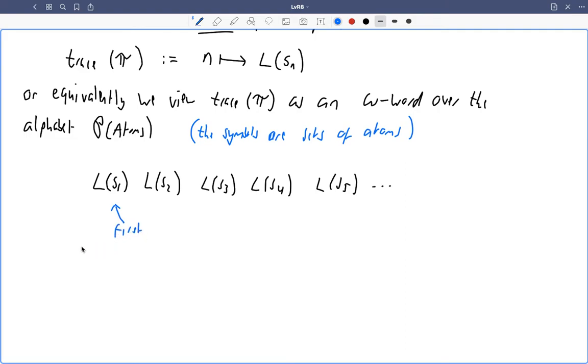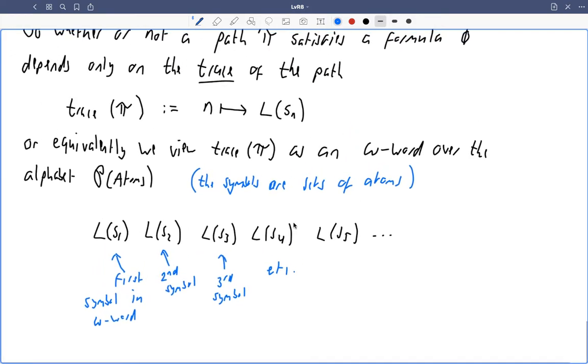So this is the first symbol in the omega word, the second symbol, third symbol, etc.